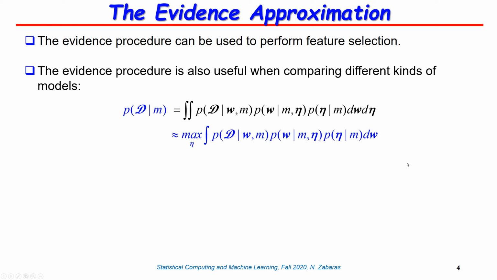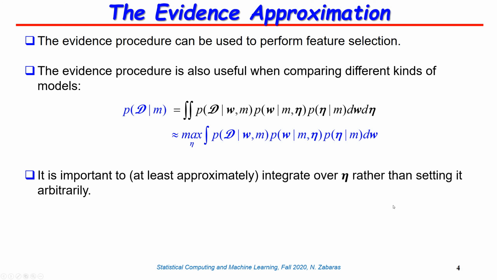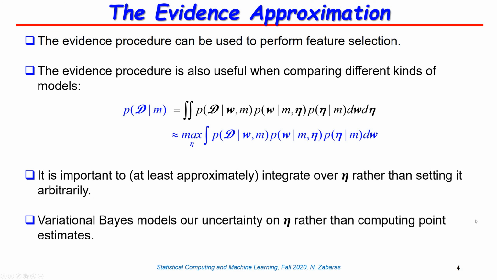So the idea is, instead of pre-selecting what the hyperparameters eta are going to be, select them as a point estimate, but that point estimate has to be very sensible. It has to be the point estimate that maximizes the marginal likelihood. And that's what we will discuss today in the context of regression models.